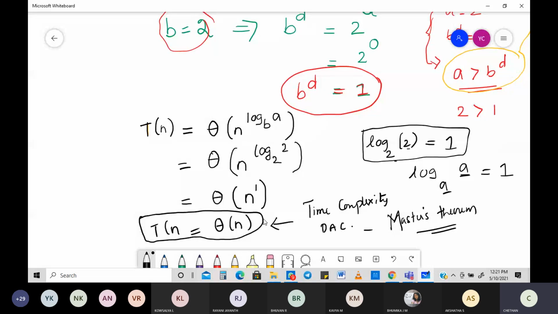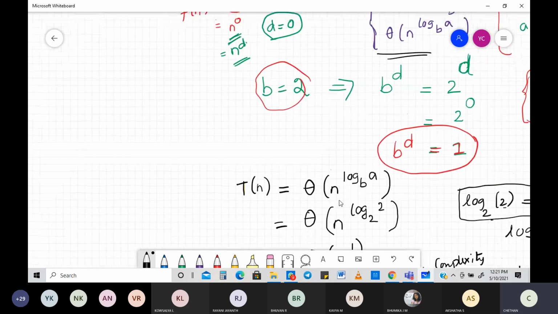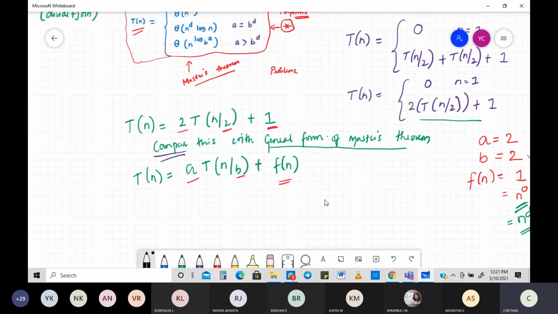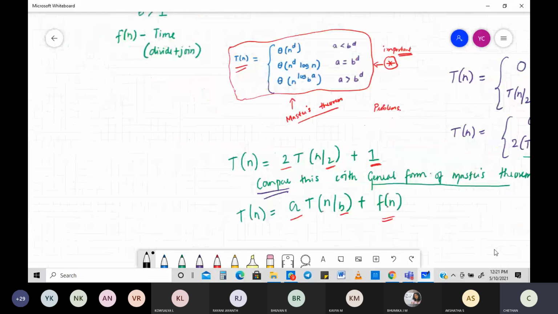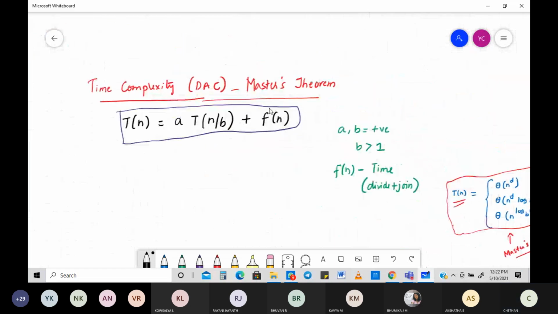I'll repeat once again what the important steps are. The first important step is the general time complexity of the divide and conquer technique. When you write the general form, this is what you get: T(n) is equal to a T(n/b) plus f(n).